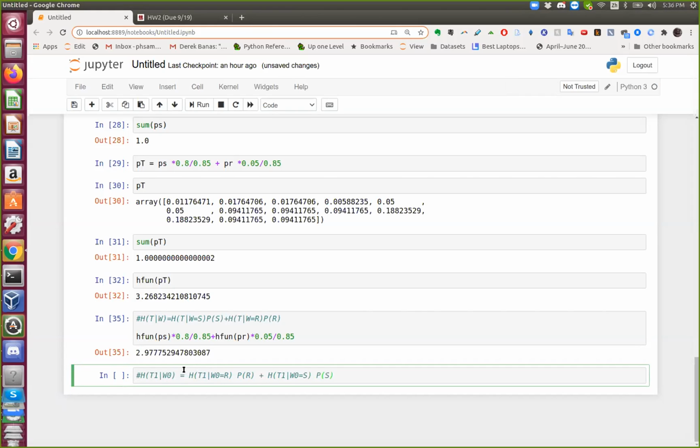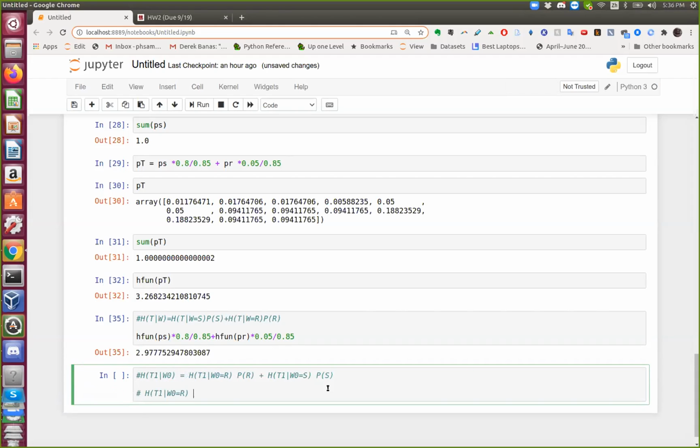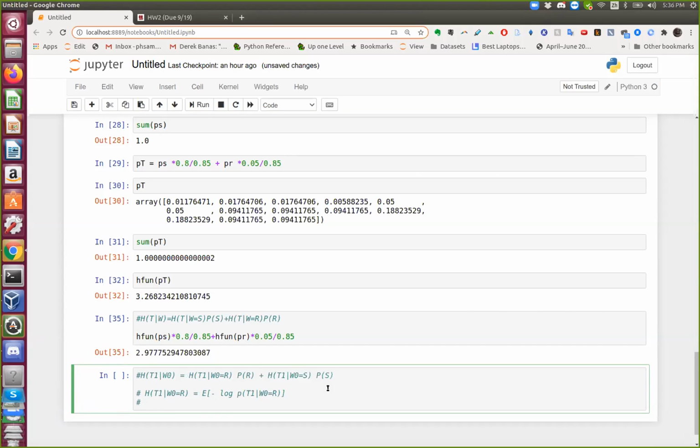Then we need to figure out each of these. I should first consider the probability. Probability T1 given W0, or let me write this anyway. This will be equal to the expectation of minus log P T1 given W0 equal to, anyway. So after all, I still am supposed to compute this T1 W0 given CL. Yeah, this kind of stuff.